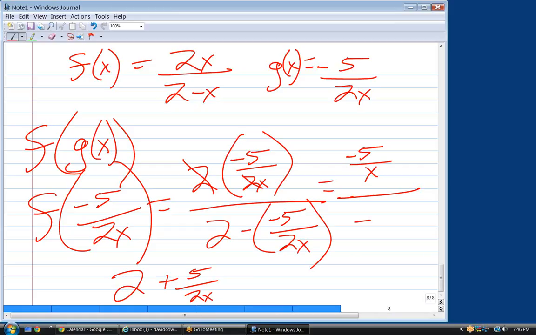What's the common denominator going to be? 2x. In other words, it has to at least be this denominator. And then this will be 4x. The 2 turns into a 4x over 2x, plus 5. So when I complete this addition, I get this. Now I'm ready to flip and multiply.